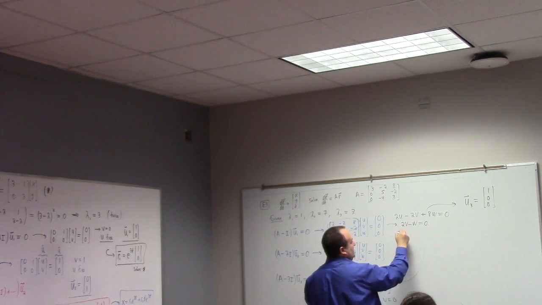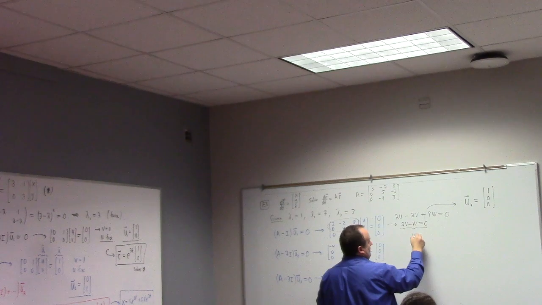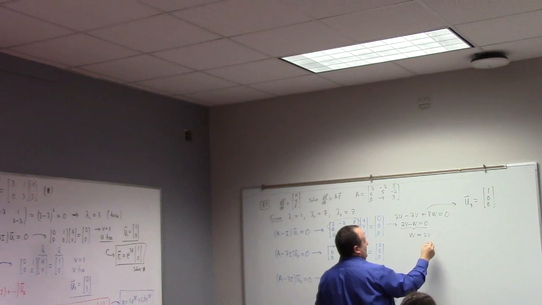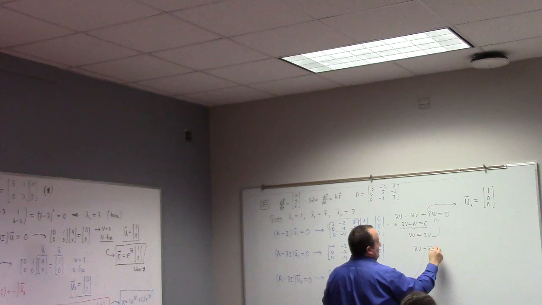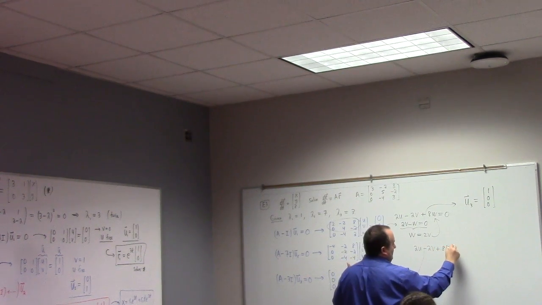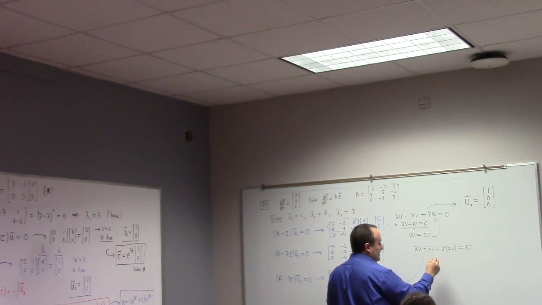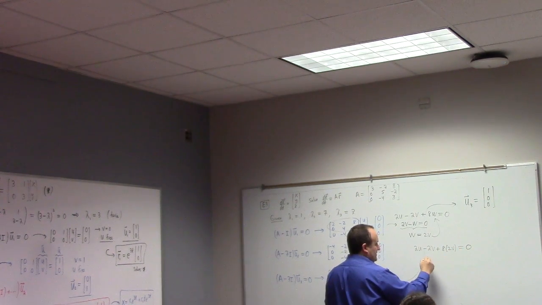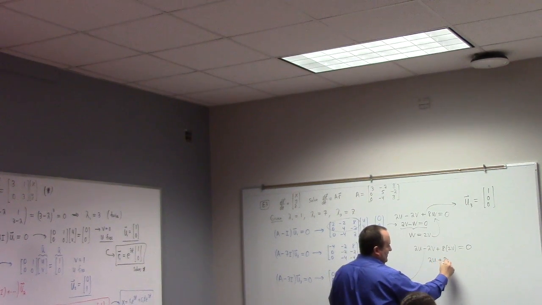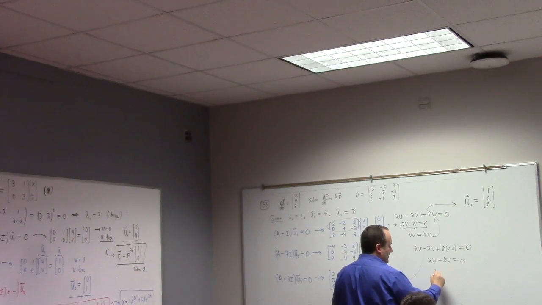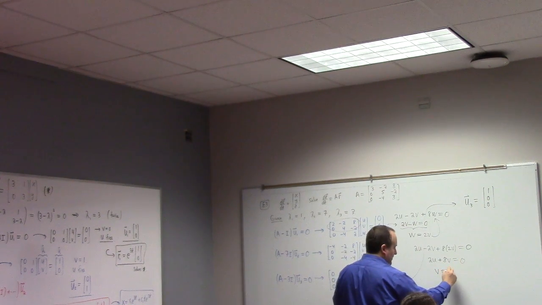So if I plug this in, this gives me w equals 2v. So if I plug that into here, I get 2u minus 2v plus 8 times 2v equal to 0, right?